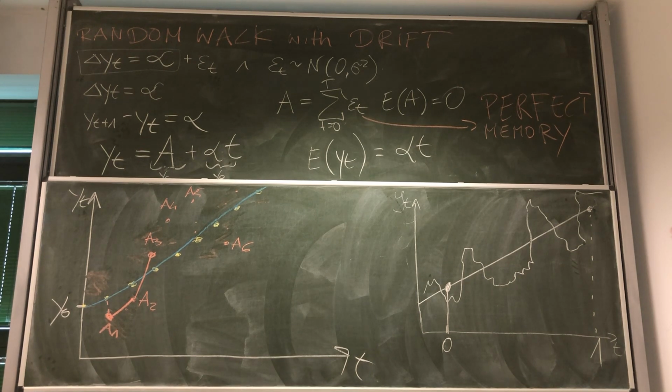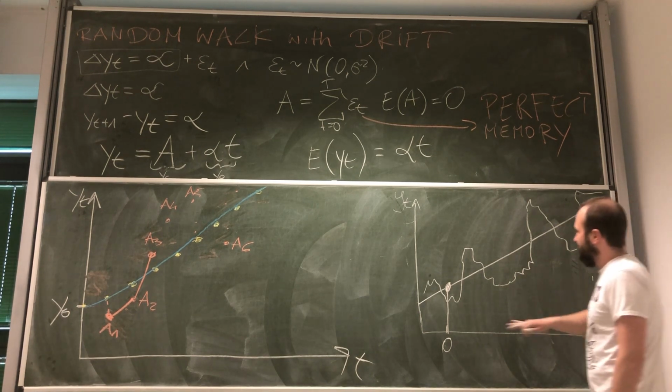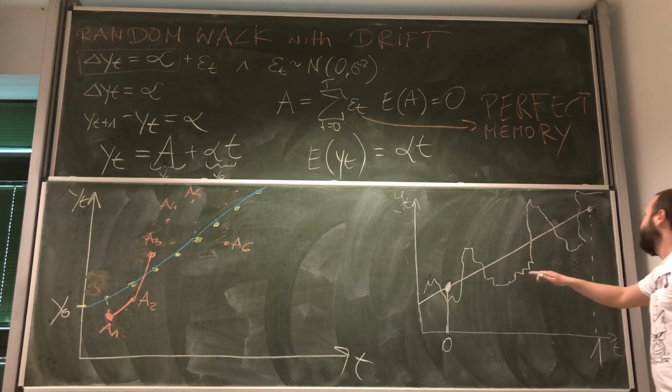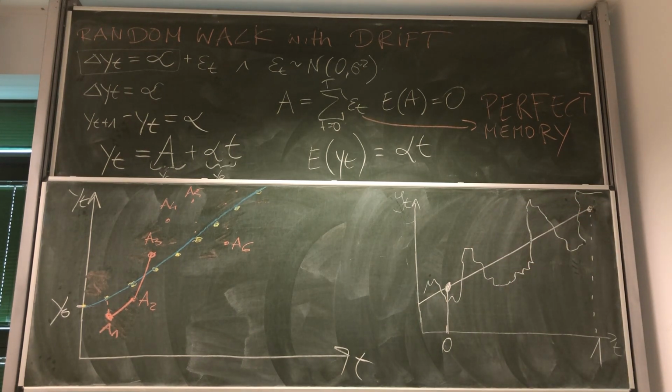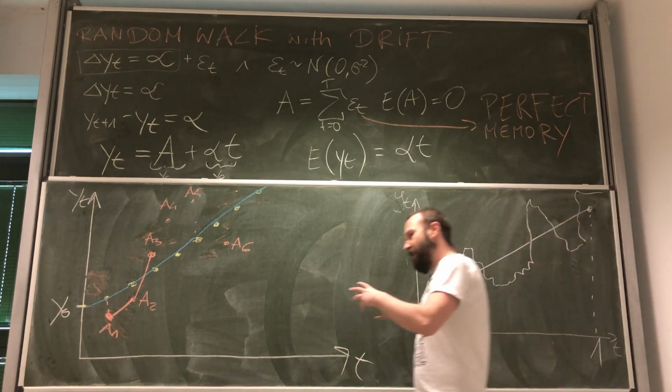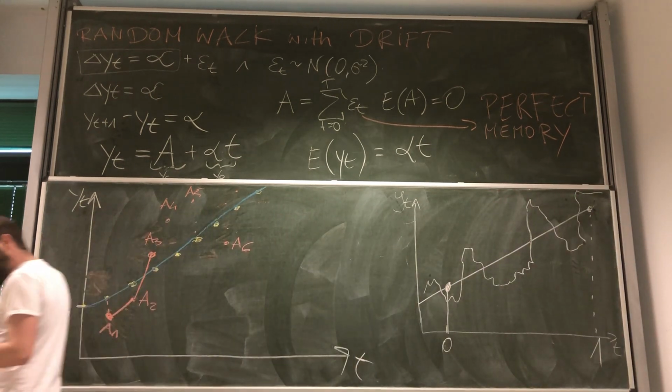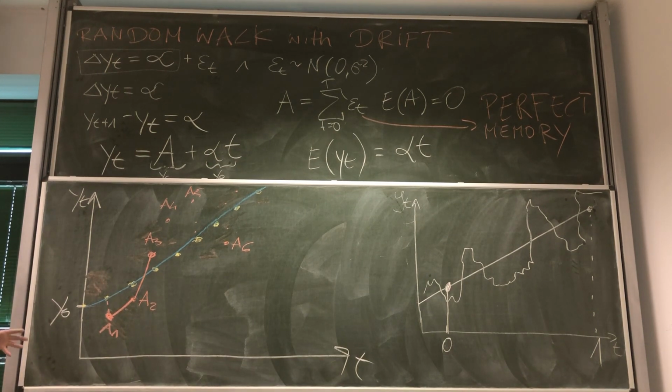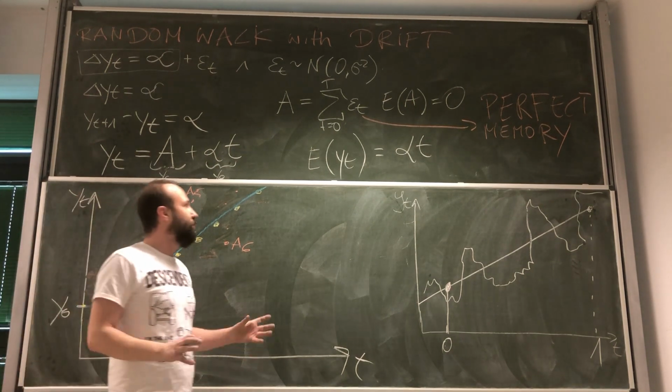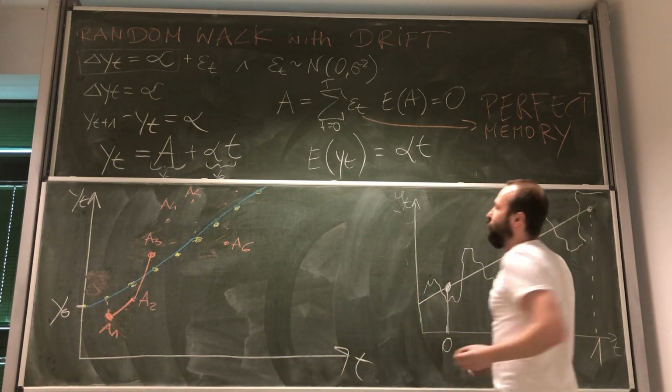Okay, but what about GDP? Look, GDP moves similarly to this, right? And actually, a lot of scientists believe that, again, the best model for GDP is random walk with drift.